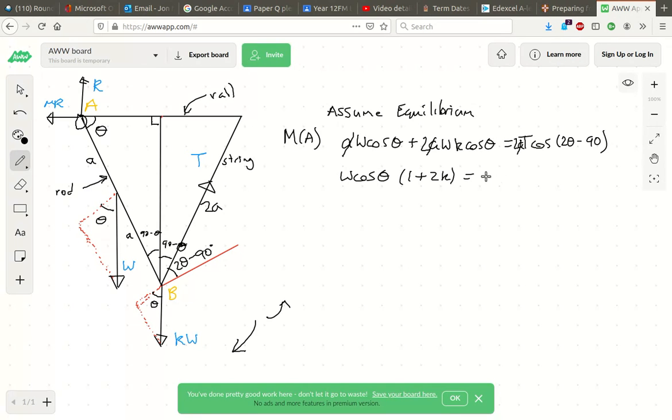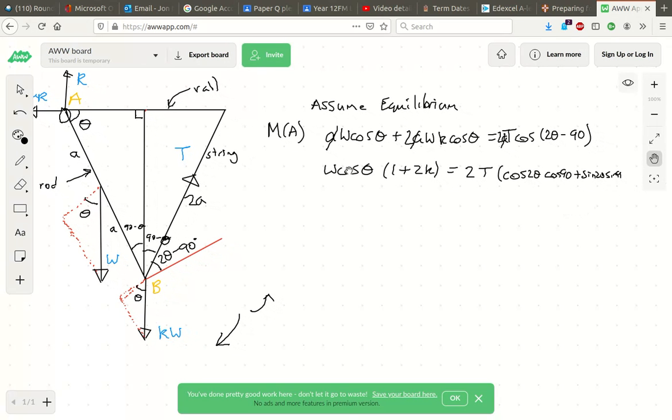On the right hand side, I'm going to write the 2T, but then I'm going to do a compound angle essentially on this. I'm going to say that's the same as cos 2 theta cos 90 plus sine 2 theta sine 90. I'm going to move over a little bit just so I can squeeze that 0 in on the 90. Okay, and now I'm just going to simplify everything.